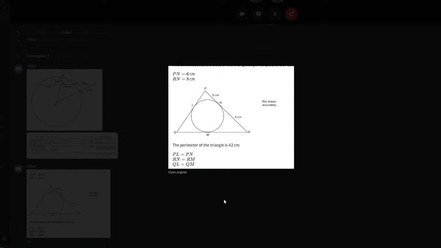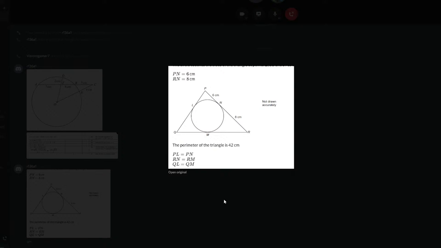If you mark MR as 8 and LP as 6, does that help you? Probably, yeah. But how? How does that help you?